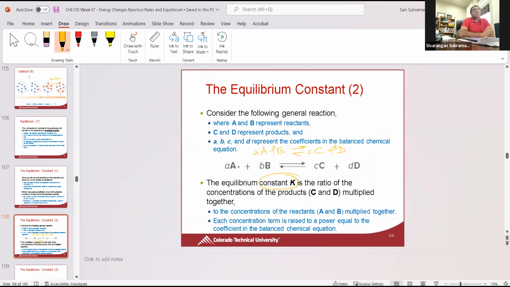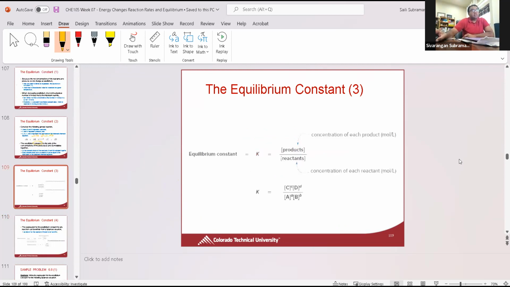It's called the equilibrium constant K. For this reaction, once it reaches equilibrium, that equilibrium constant K is nothing but the concentration of the products, which is indicated by these square brackets, raised to the individual coefficients of those 2 products, divided by the concentration of the reactants, raised to the individual coefficients or number of moles of that. So this equation is very important when you're solving problems related to stoichiometry.